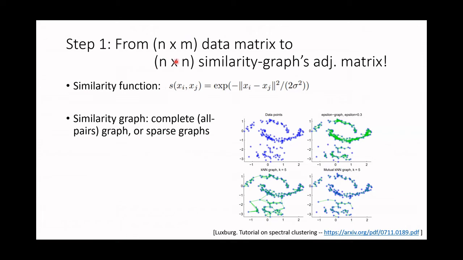But then oftentimes we don't want to work with a huge similarity graph that has n squared edges, right? You may want to work with sparse graphs. And so there are other ways of converting. So if your data point really lies in only 2 dimensions, so here m is 2, just for simplicity, then if you want to construct a sparse graph, you can look at 2 different approaches.